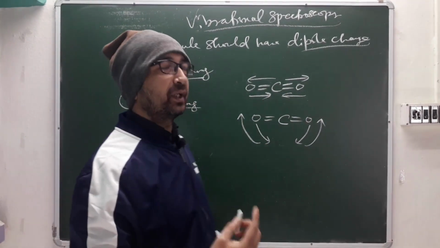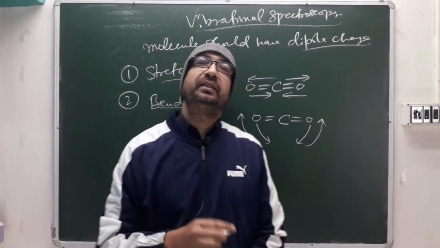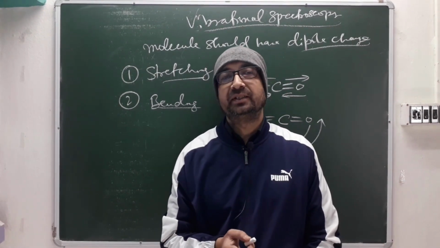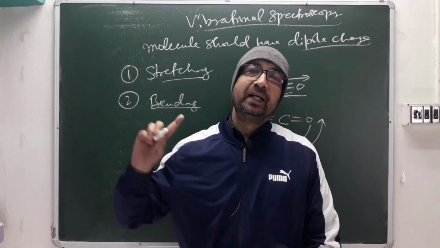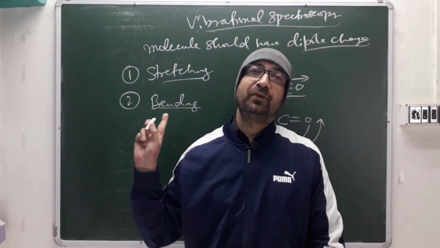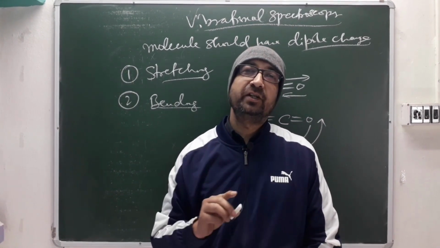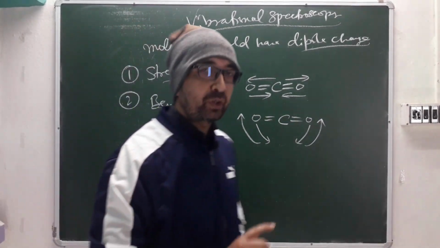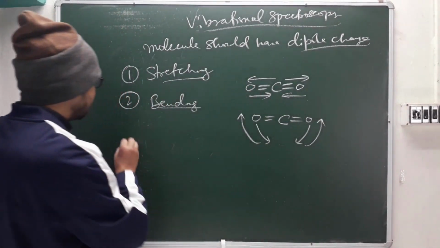They will ask you questions based on a particular molecule: how many stretching vibrations are there, how many bending vibrations are there. Just remember, in yesterday's class I took you through degree of freedom, right? Why is the degree of freedom important, we'll see.